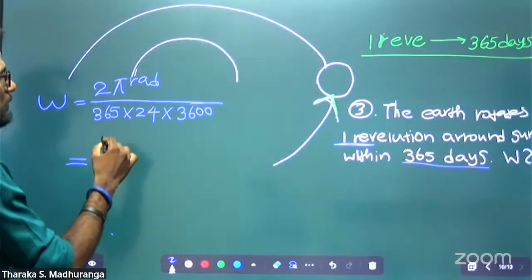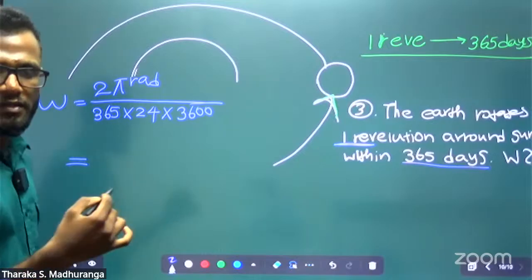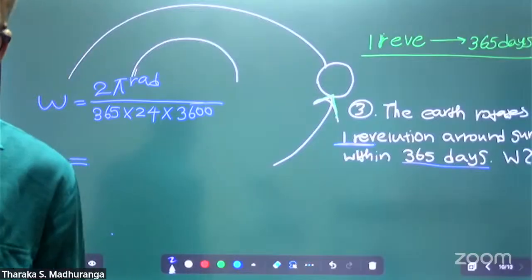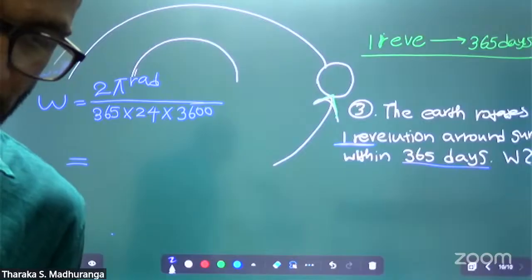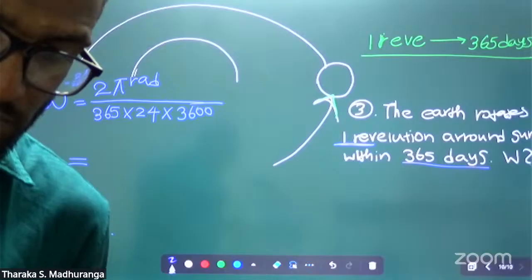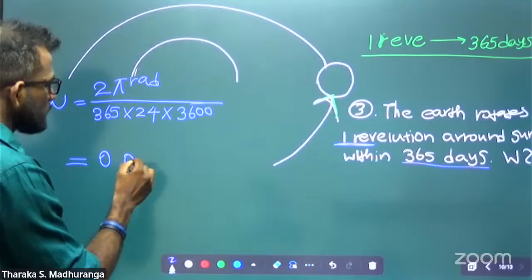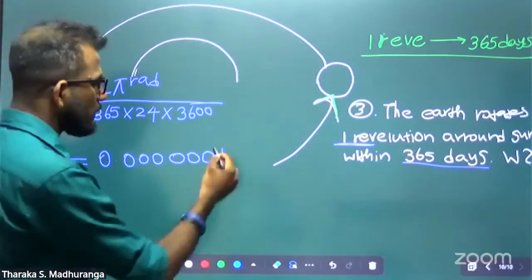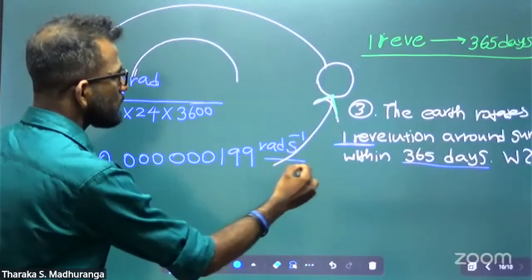Then 2π divided by that, you can use a calculator. It is 0.000000199 radians per second.